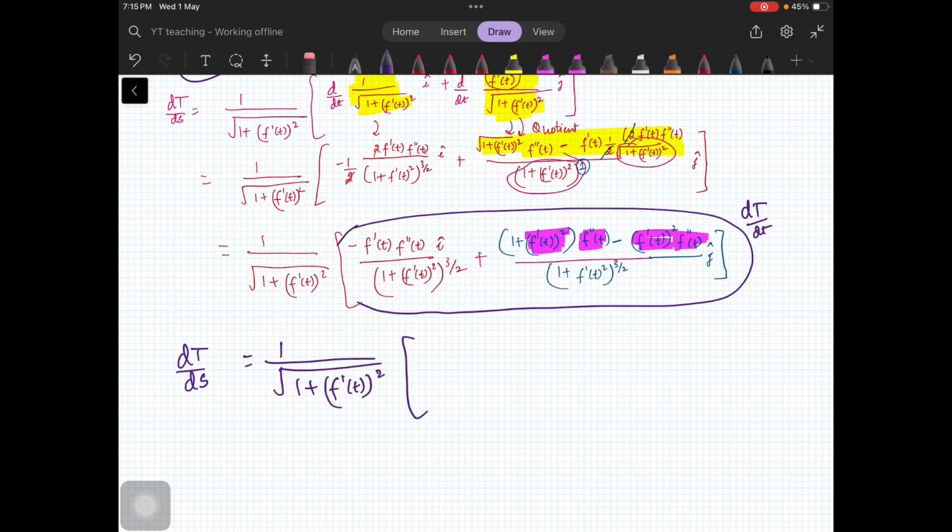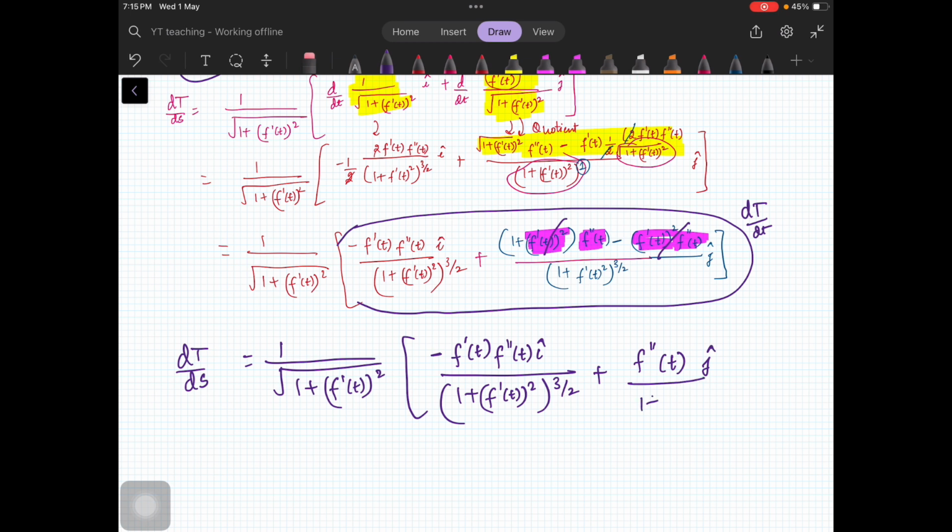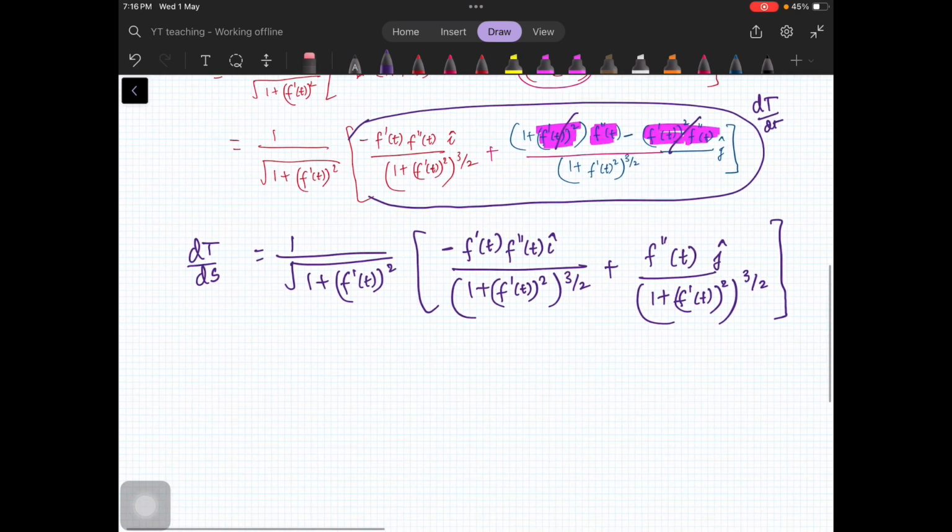So, inside I have minus f prime t f double prime t i cap upon 1 plus f prime t square raised to power 3 by 2, plus here this and this cancel. So, I have f double prime t, okay, j component divided by 1 plus f prime t square raised to power 3 by 2. Okay. So, this is my dT by ds.